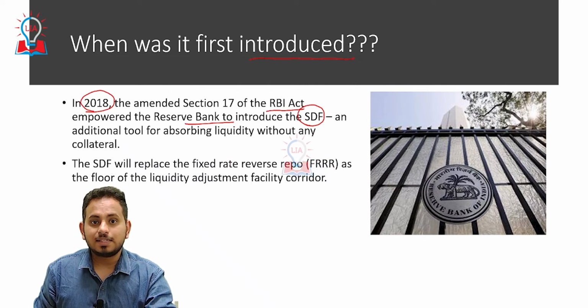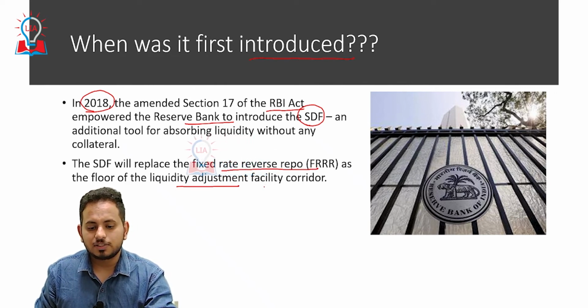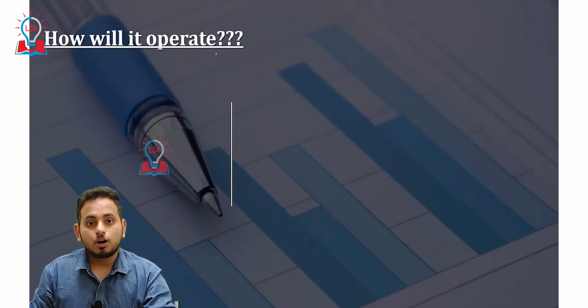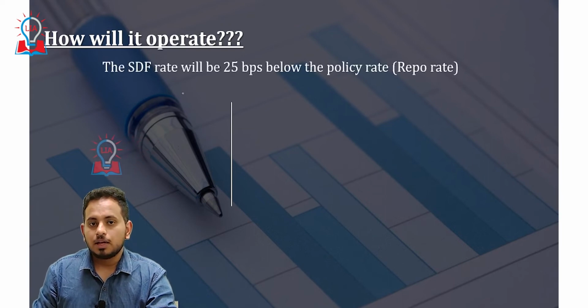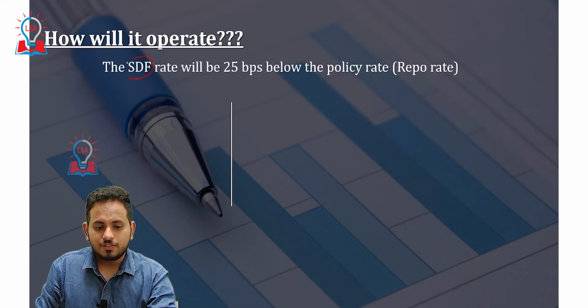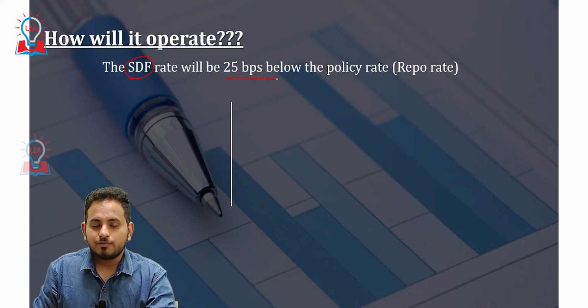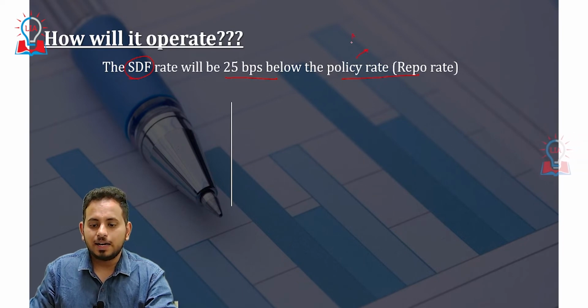The SDF will replace the fixed rate reverse repo as a floor of the liquidity adjustment facility corridor. How does it operate? A very important mechanism. Remember, the SDF rate, that is the Standard Deposit Facility interest rate, would be 25 basis points below the policy rate. Now, the policy rate, that is repo rate, is at 4%.